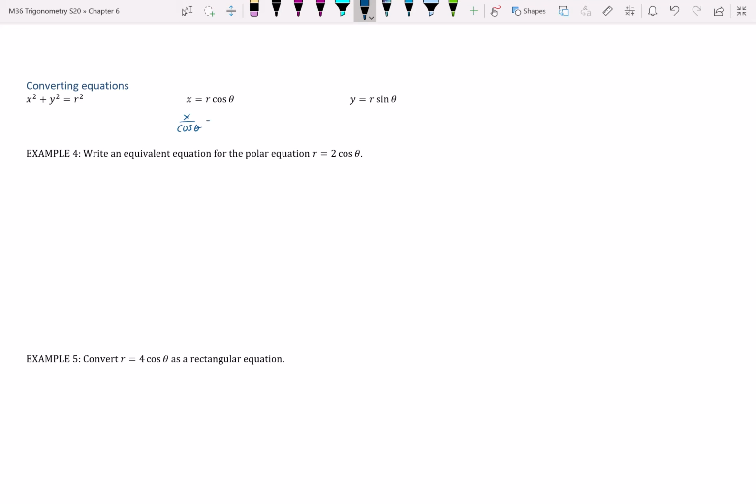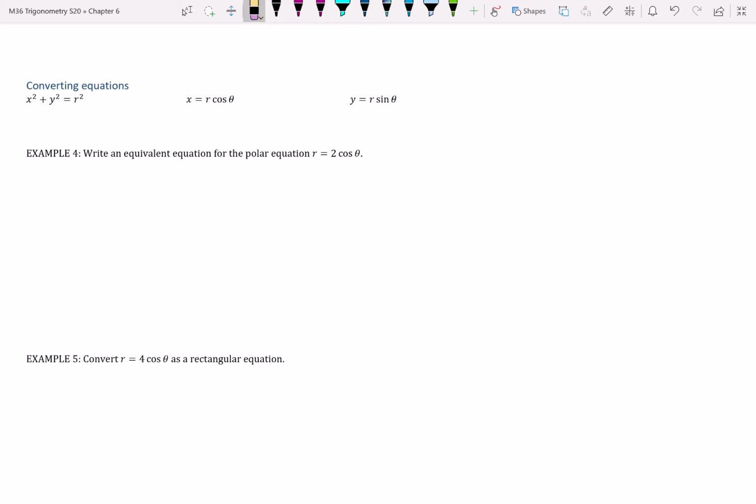Or if we wanted to leave cosine of theta by itself, then we could just do cosine of theta is equal to x over r. So whatever we want to manipulate, it just helps us write it in either polar or rectangular. Okay, I just wanted you to know that we could manipulate these equations here.